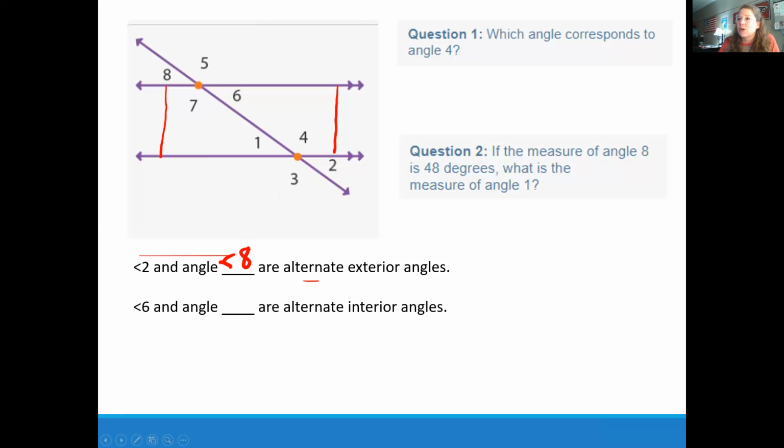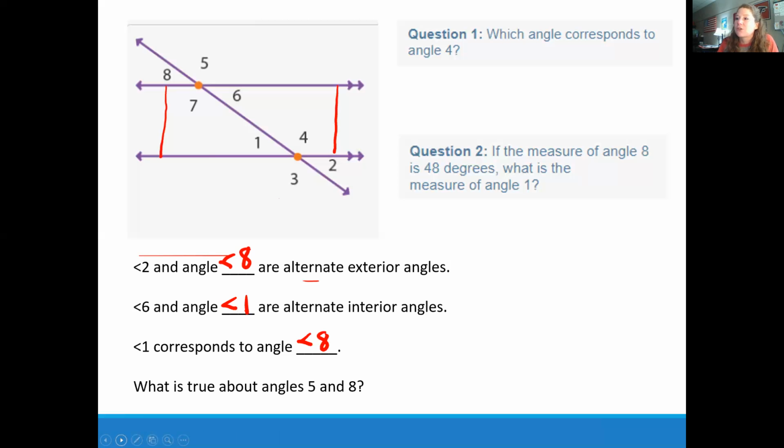Angle 6 and angle what are alternate interior angles inside the parallel lines, so 6 and 1. The next one says angle 1 corresponds to, that means in the same position on the other parallel line. So angle 1 corresponds to angle 8. They're corresponding angles and equal.